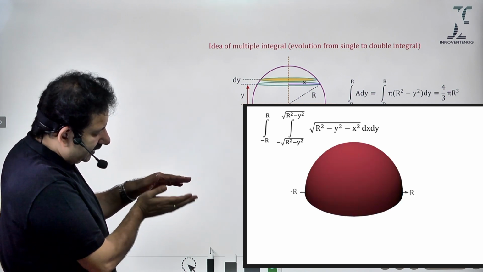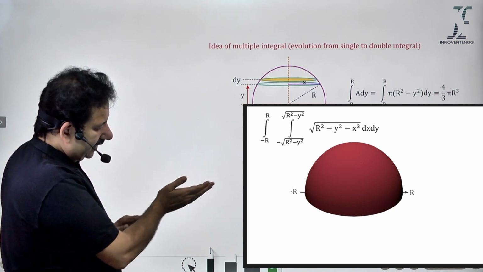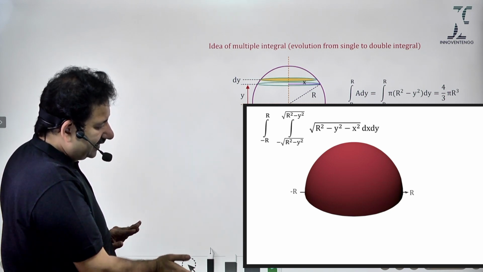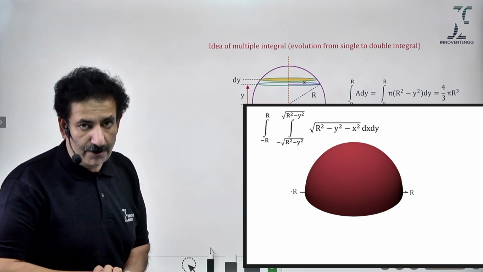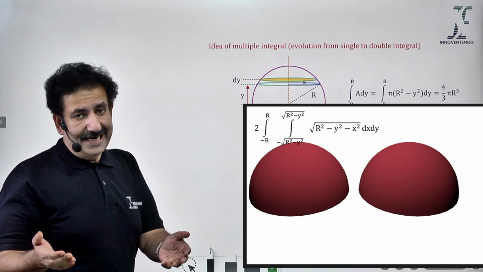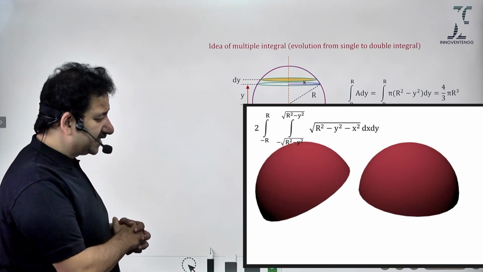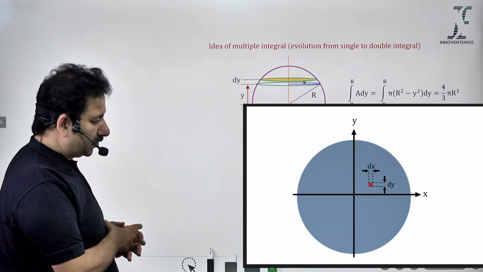That means many such plates with increasing height, the curved plate with increasing height, is integrated along y, and you can see that the hemispherical volume is formed. And when you double that volume, you can see that the entire sphere volume is got. And this is what the double integration process is all about.